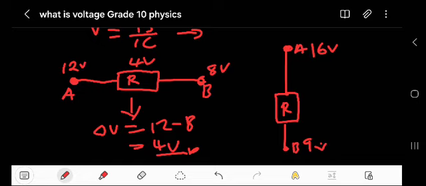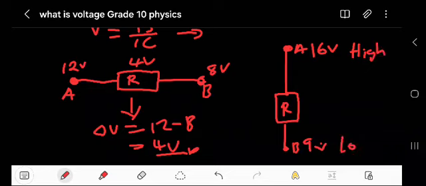You're supposed to know that in conventional current, the current is always flowing from high potential to lower potential. Here you see 16 is high potential, and 9 is lower potential.